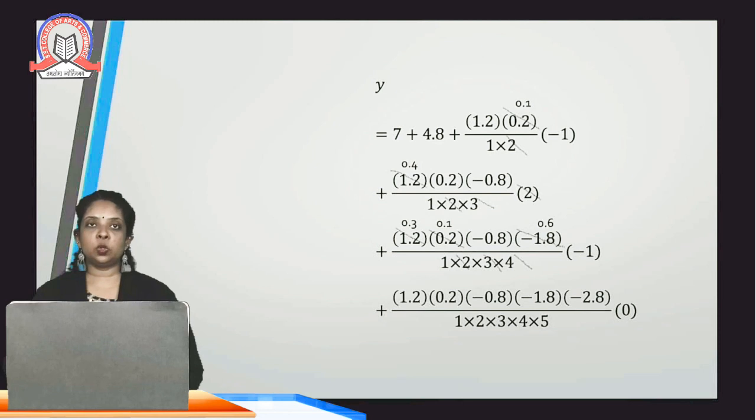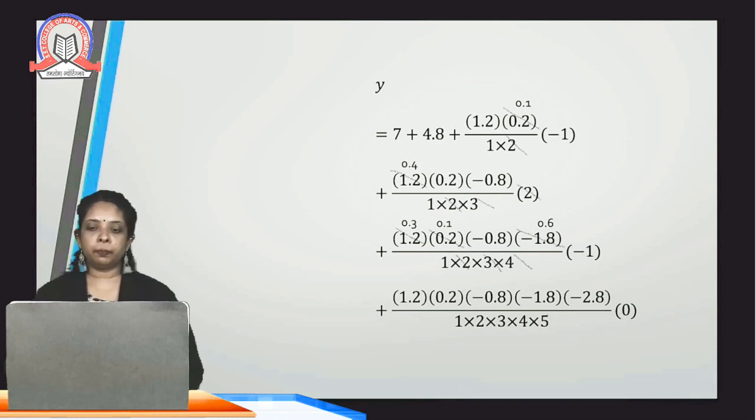So the respective values with the decimals we have substituted there. The last term I didn't do anything since it is multiplied with 0, so the entire term is 0, and we need not put effort into that calculation.